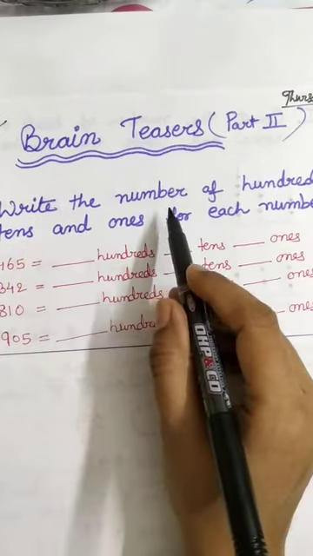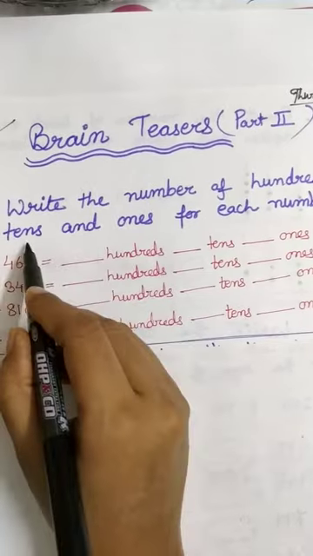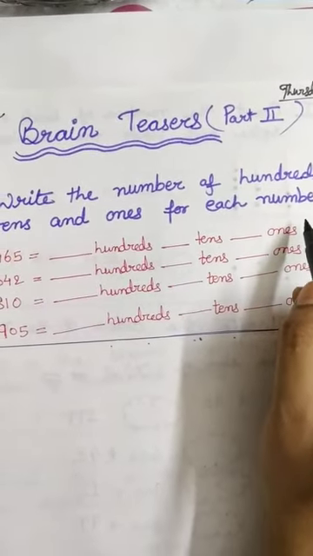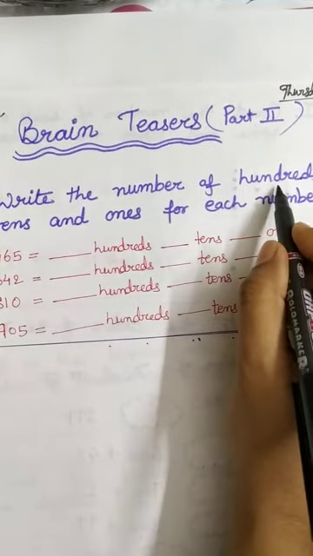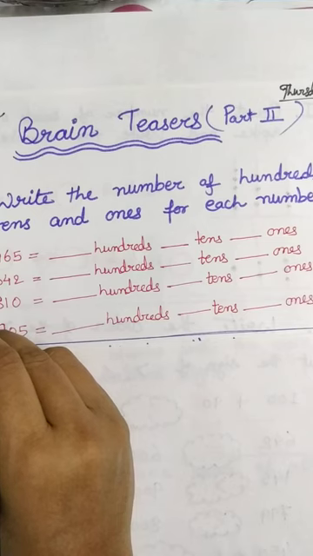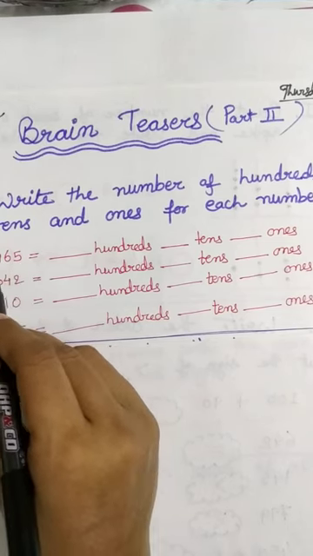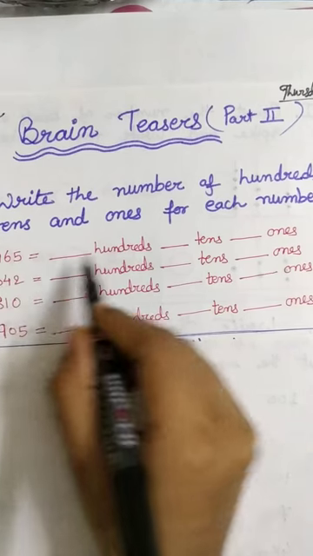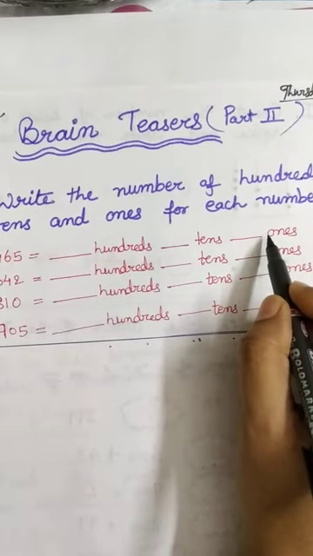Write the number of hundreds, tens and ones for each number. What you have to do? You have to write the number of hundreds. As in question number 1, 465, you have to write this number in the form of hundreds, tens and ones.